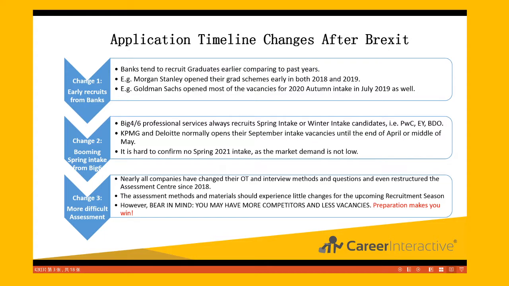You can choose to apply for the September intake anyway, or alternatively, if I were you, I would find out my weaknesses and prepare fully for their spring intake rather than reapply for the September intake.